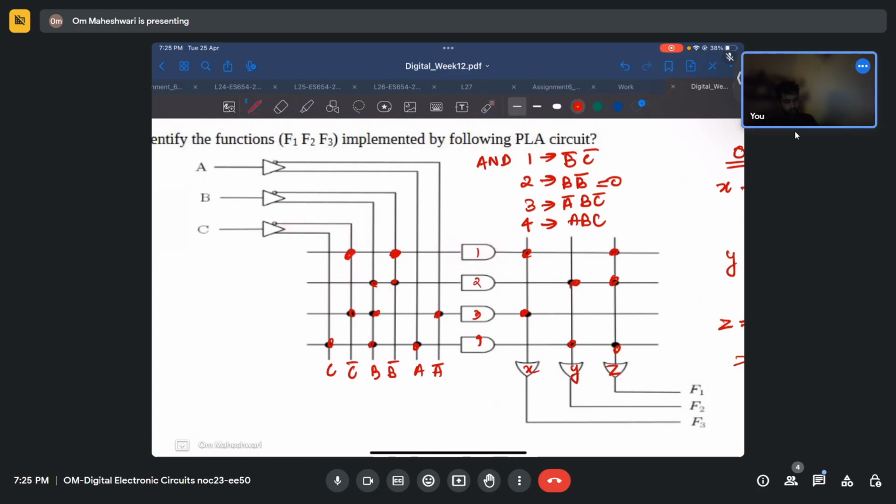Another input is shorted in the B bar line, so another input is B bar. That is why I wrote this output as B bar C bar. So B bar C bar is the output of the first AND gate. These are the outputs of the AND gates 1, 2, 3, and 4 based on these connections.